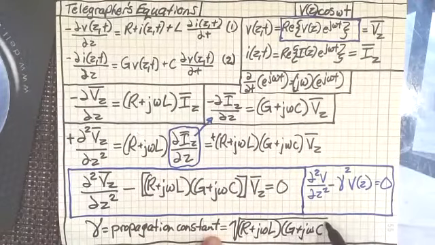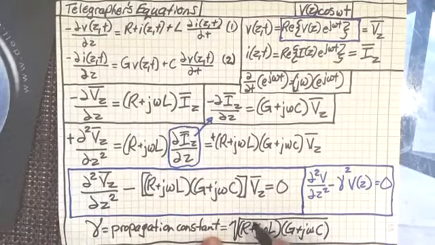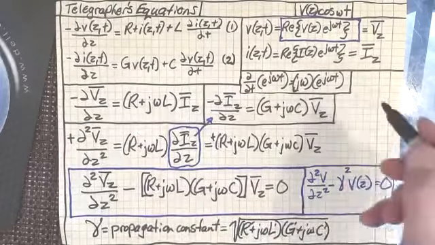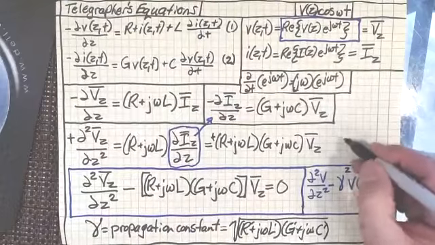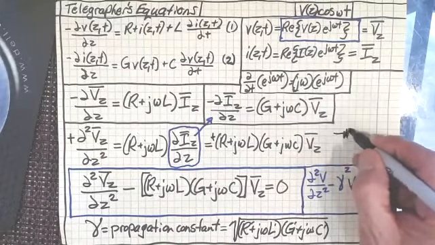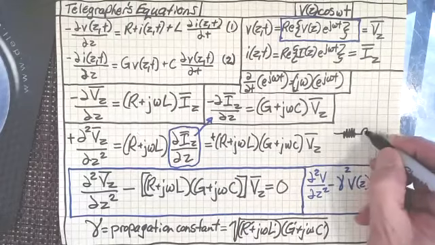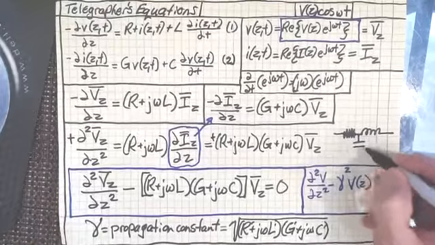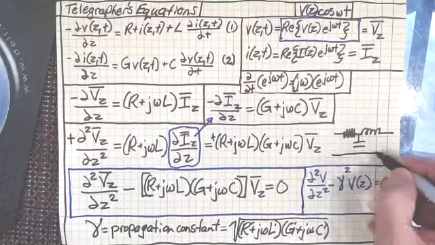Now, on all of these that I've been writing down here, there should be a prime. I'm going to go back and put a prime when I draw the communication circuit.